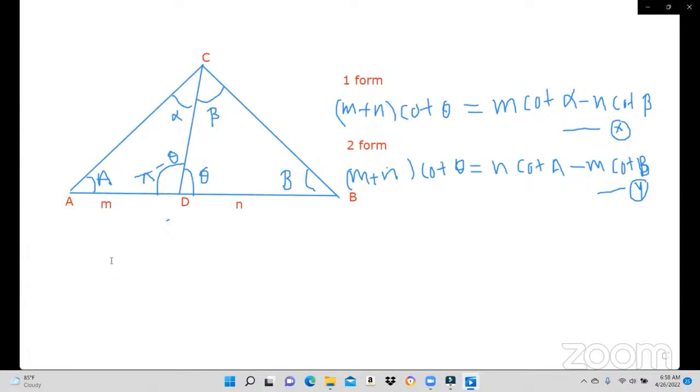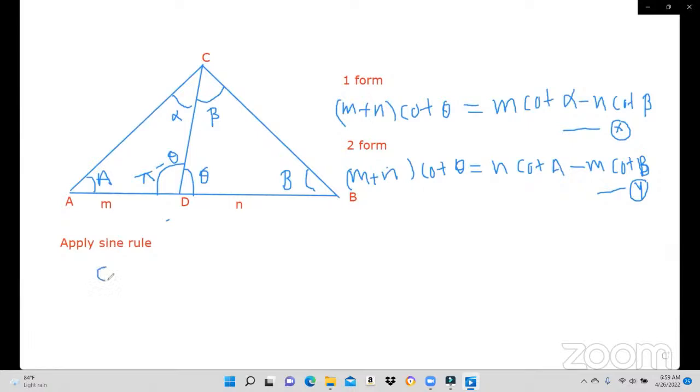So I can use the sine rule for that one. Apply the sine rule, because there is a common side here. I told you that the ratio between a side and the sine of the opposite angle is a constant. So I will put the sine rule for this ACD triangle.